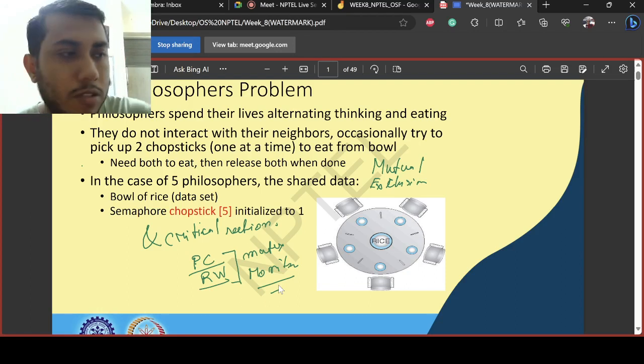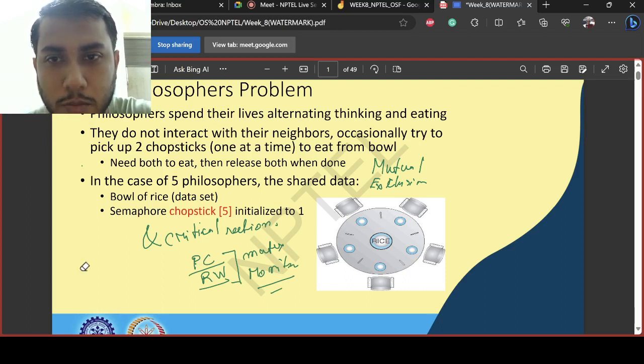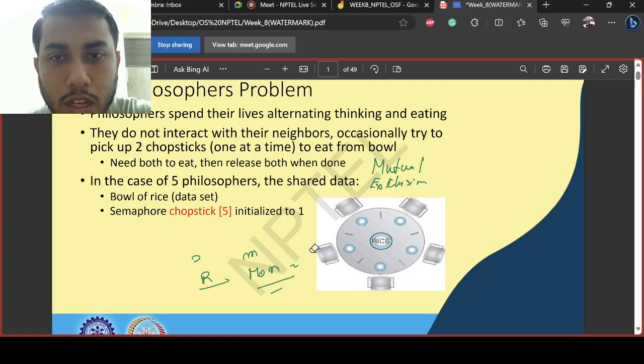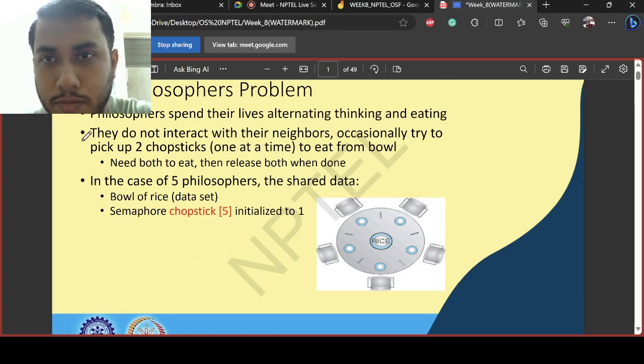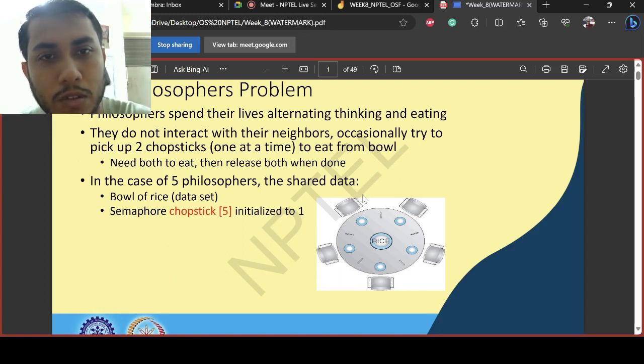So this is a famous problem that we will discuss here, known as the critical section problem. In this dining philosopher problem, we have a few diners. Let's say 5 diners, and we have 5 chopsticks, one, two, three, four, five.